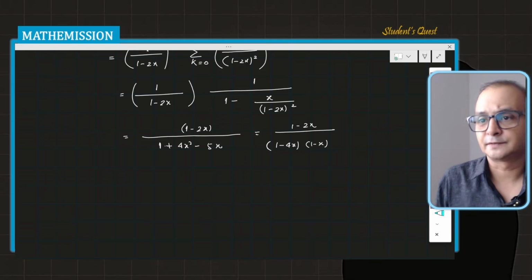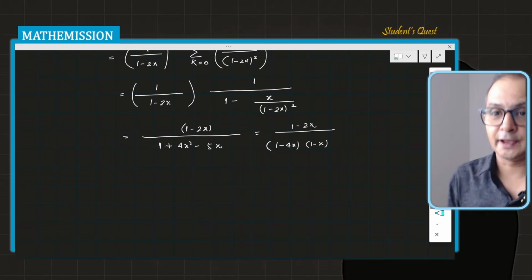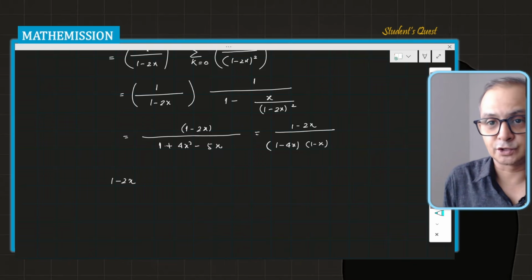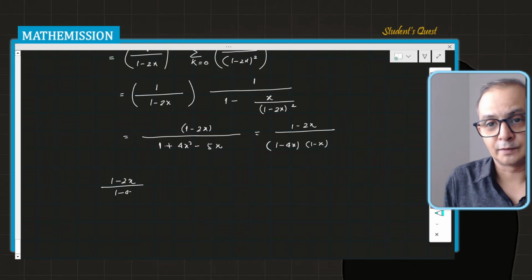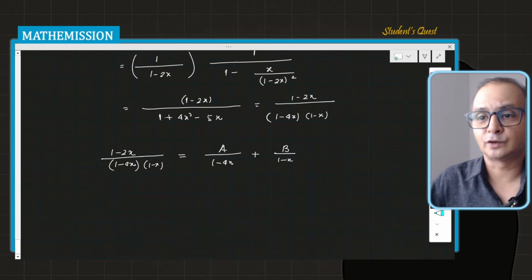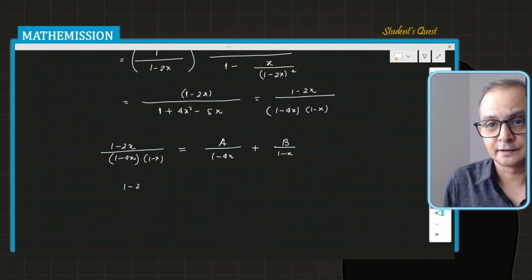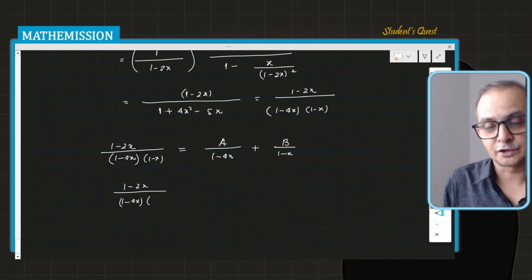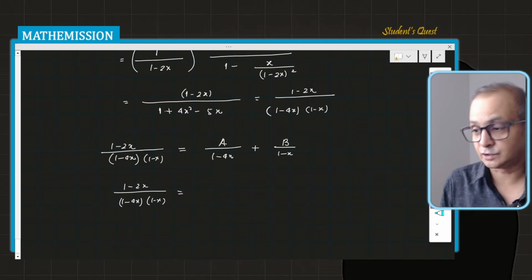Now my intention is to write (1 minus 2x) by (1 minus 4x) into (1 minus x) in partial fractions, and you know how to write it. You have done this in integral calculus to find the integration by partial fractions. Since I have already calculated, I will write it directly so that I can conclude this long video, which is not suitable for many good students also.